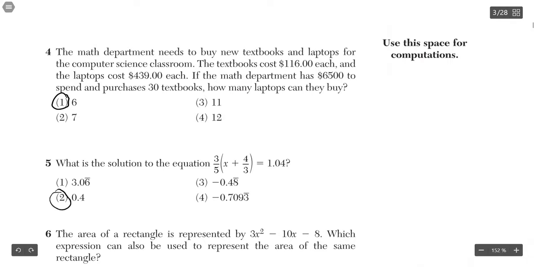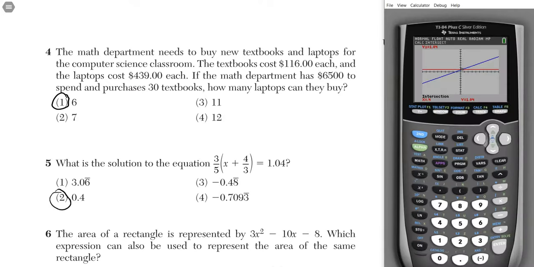Okay, now if you don't see a point of intersection, you might have to use zoom fit or zoom out, or change the windows and then do zoom fit. If for whatever reason it's just not working, you're not finding a point of intersection, here's another method you can use. Math, alpha, apps, equation.